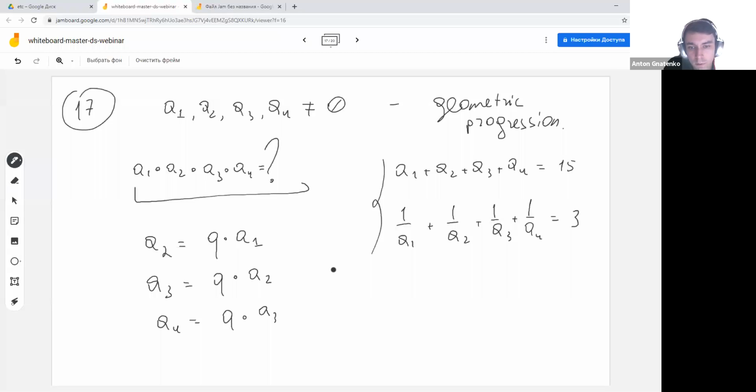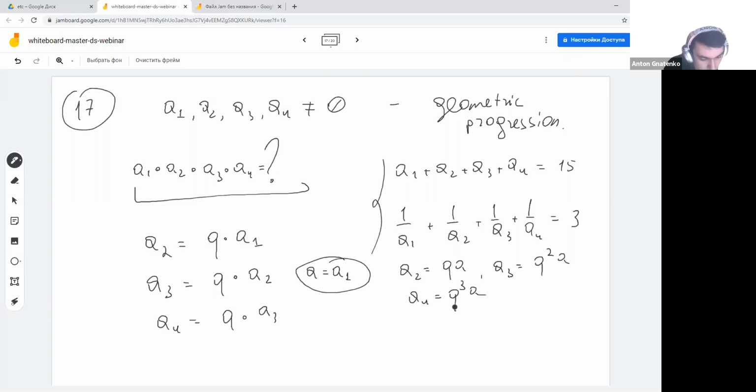And if for clarity I just write A instead of A1, then A2 equals QA, and A3 equals Q squared A, and A4 equals Q cubed A. Okay? Seems legit. But then let me rewrite these two equations.